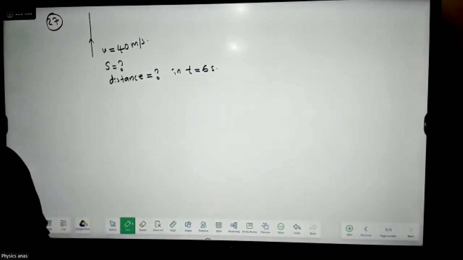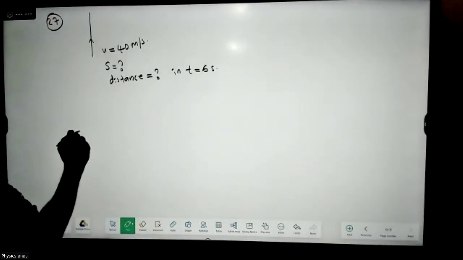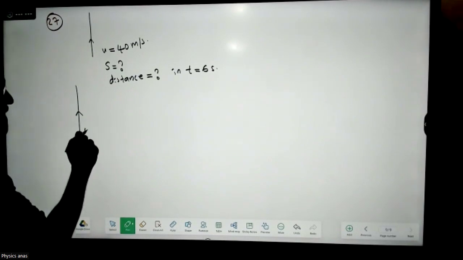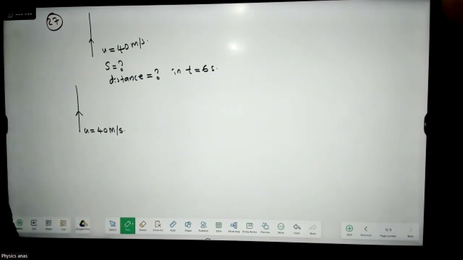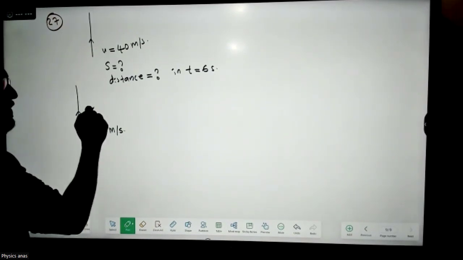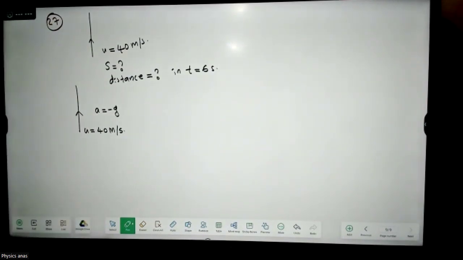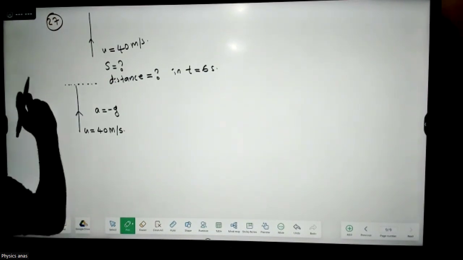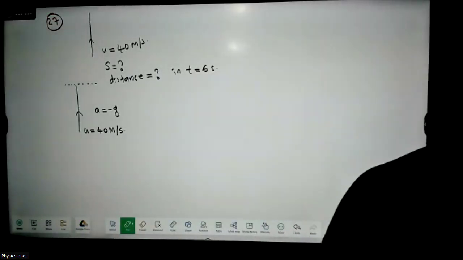How can we do this one? A particle is projected vertically upwards with a velocity u of 40 meters per second, right? This is upward motion, so acceleration is always negative, minus g. When this particle has reached its maximum position, the velocity will be 0.